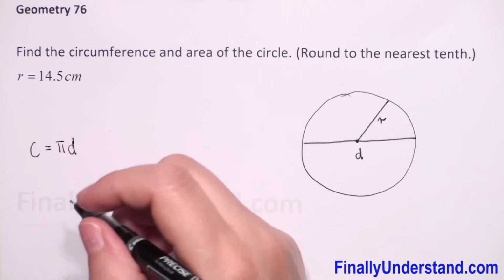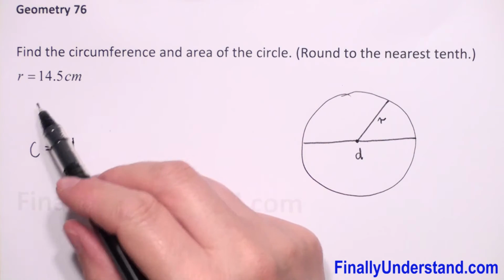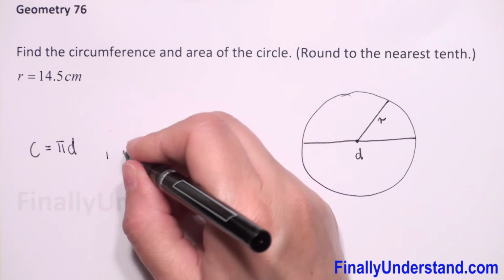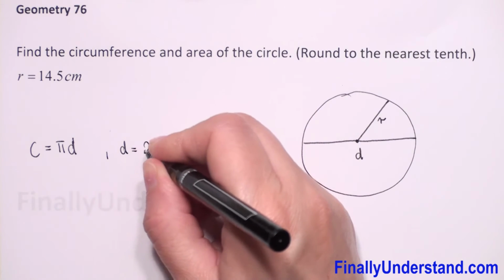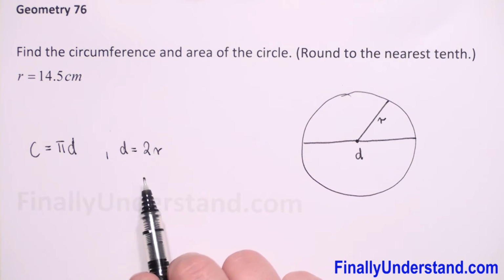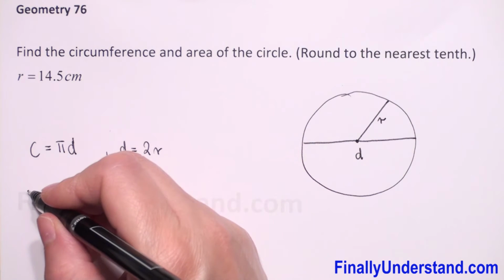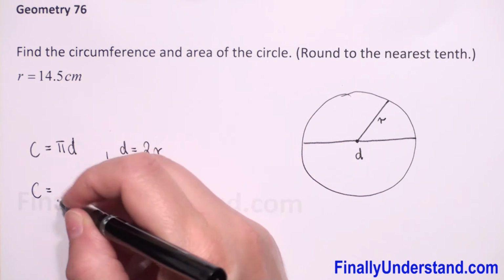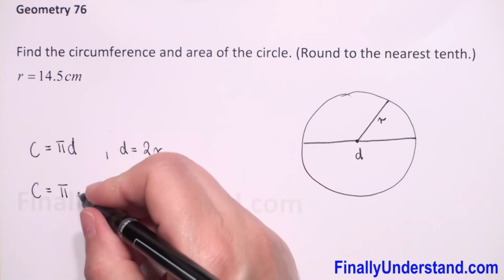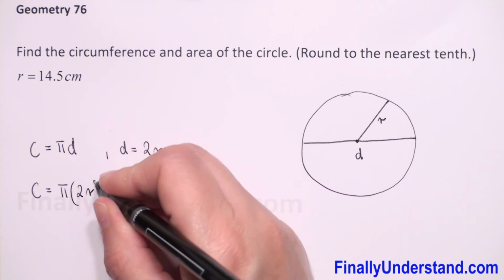In this example, we have given r, and we know that D is equal to 2r, 2 times the radius. Diameter is equal to 2 times radius. So our circumference is equal pi times D, which is 2r.